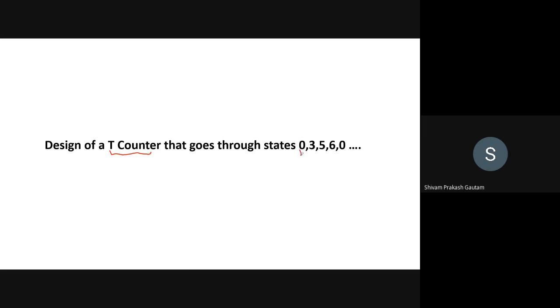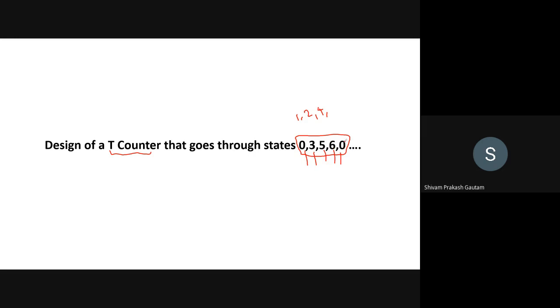Okay. So now the next problem statement: design a T counter, that means using T flip-flop, that counts the states 0, 3, 5, 6 and 0. So just pay attention here that we want a counter that should only count these numbers 0, 3, 5, 6 and 0. You can see what the missing states are here: 1, 2, 4.